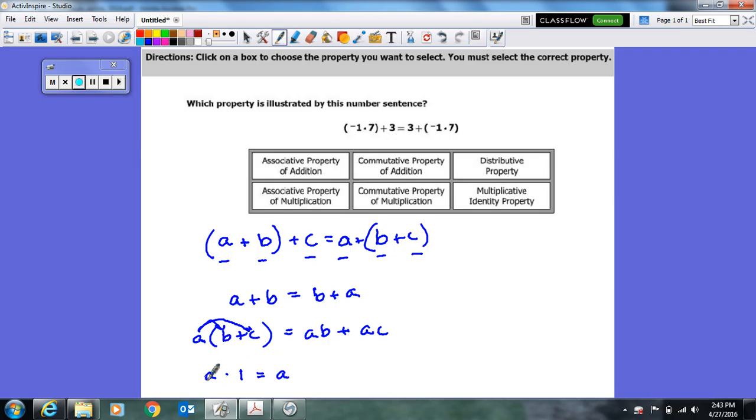Any number, doesn't matter what it is. If you multiply it times 1, it stays that same number.